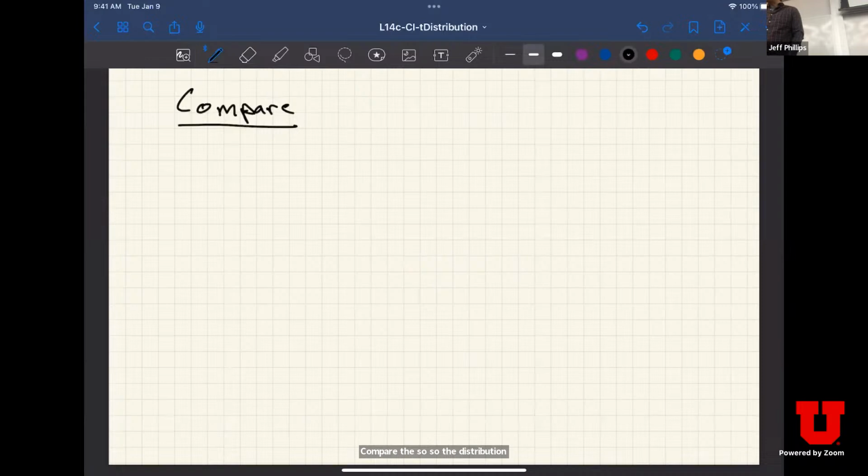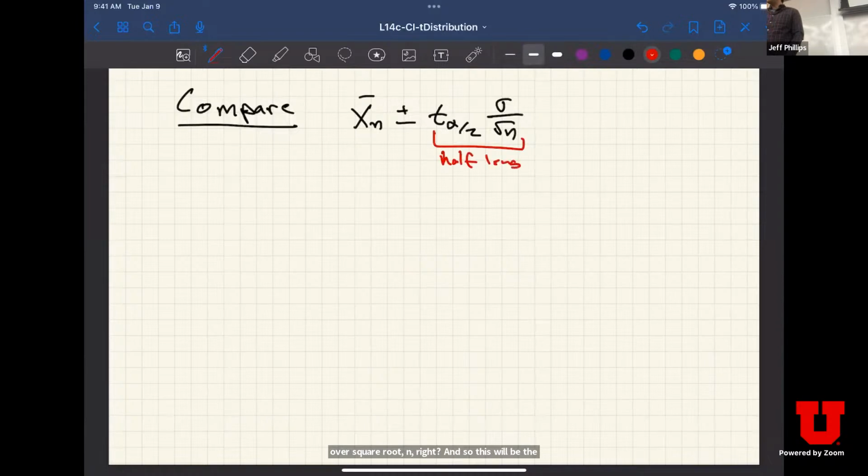If we look at x n bar plus or minus t alpha over 2 times sigma over square root n, and this will be the half length of the margin. This is if we use the normal distribution.